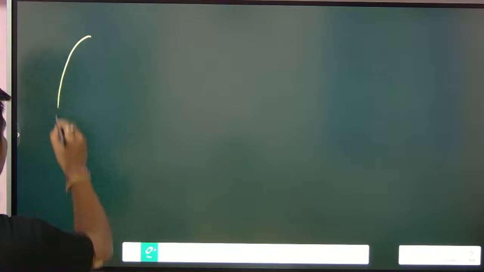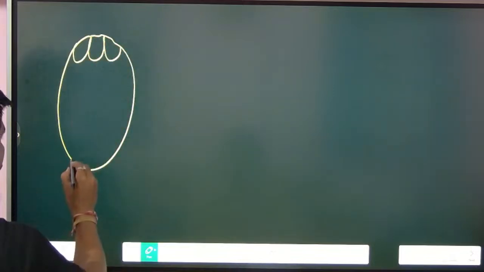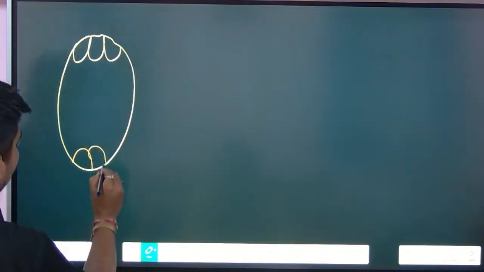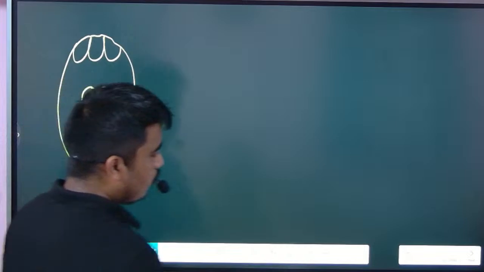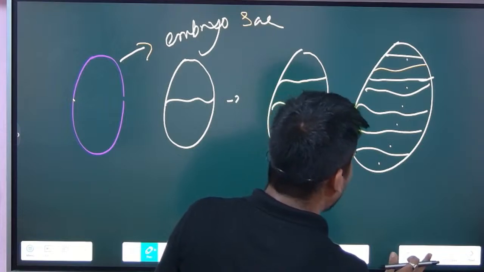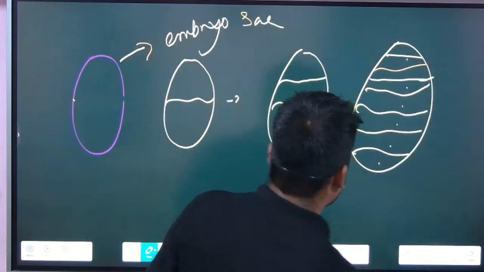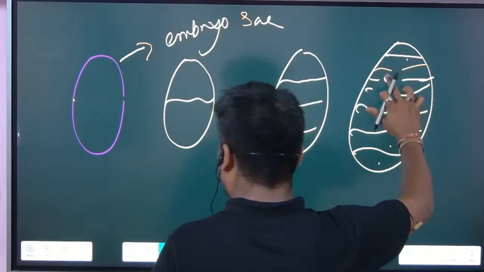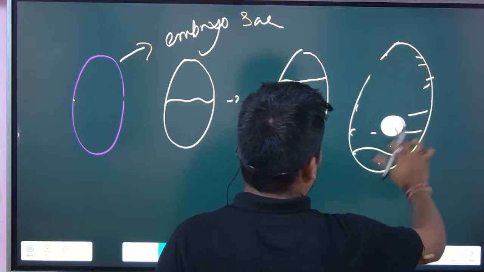And then what will happen? From these 8 cells... although we cannot say this is a cell, these are nuclei, you can say.